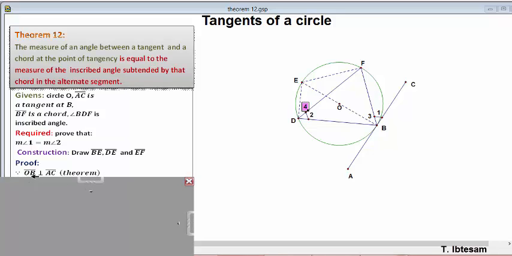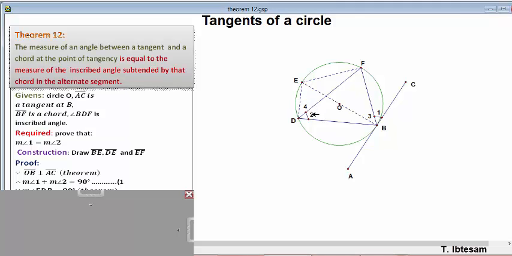As we know, OB is perpendicular to AO. OB is perpendicular to AC. It means this is 90 according to the theorem. So measure of angle 1 plus the measure of angle 2 equals 90. Number 2, the second thing here, measure of angle 2 plus the measure of the angle 4 is also 90. Why? 2 plus 4 is 90. This angle, it's inscribed angle, all of it is 90.